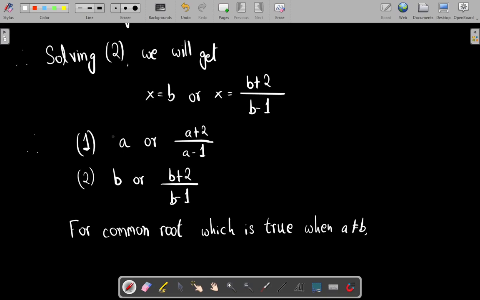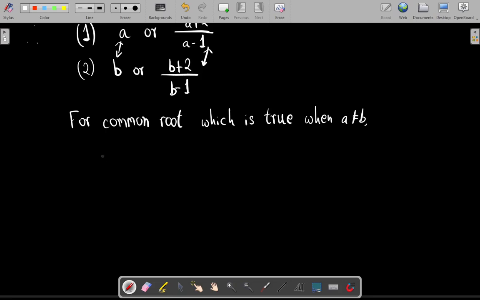Okay. This cannot be either a equal to b or these two, because these two are different, right? You cannot equate these two, and these two expressions are also equal. So if we equate these two, we'll again get a equal to b, which is given to be not true. Okay.